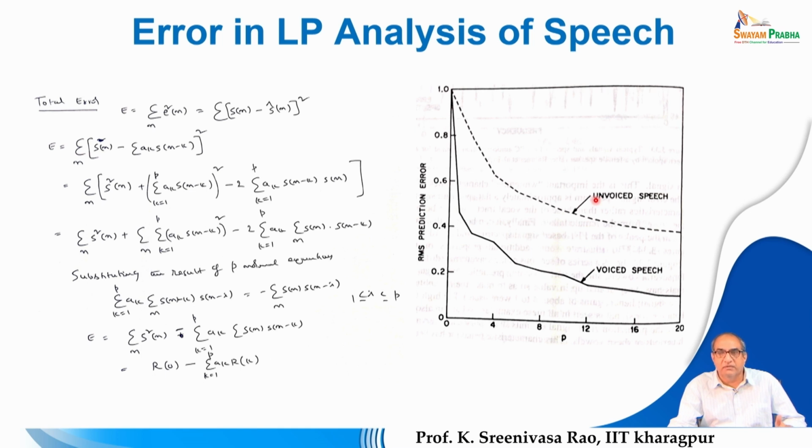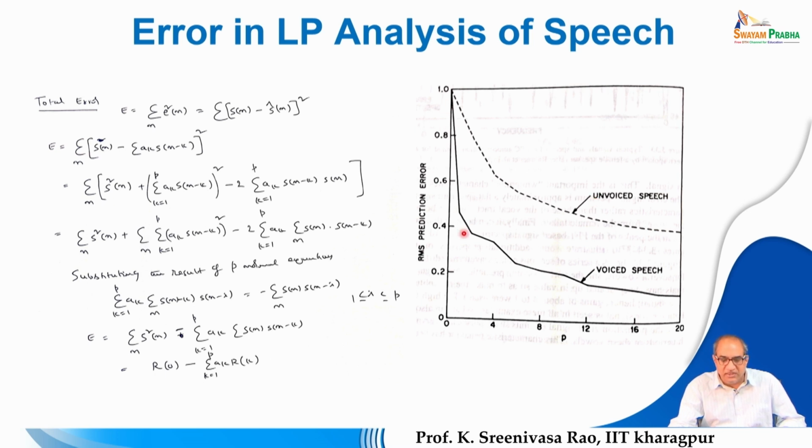Because of that, if you observe the speech of unvoiced segments, the samples are not correlated, the speech signal appears to be noisy, and the correlations among the samples are less compared to voiced speech.